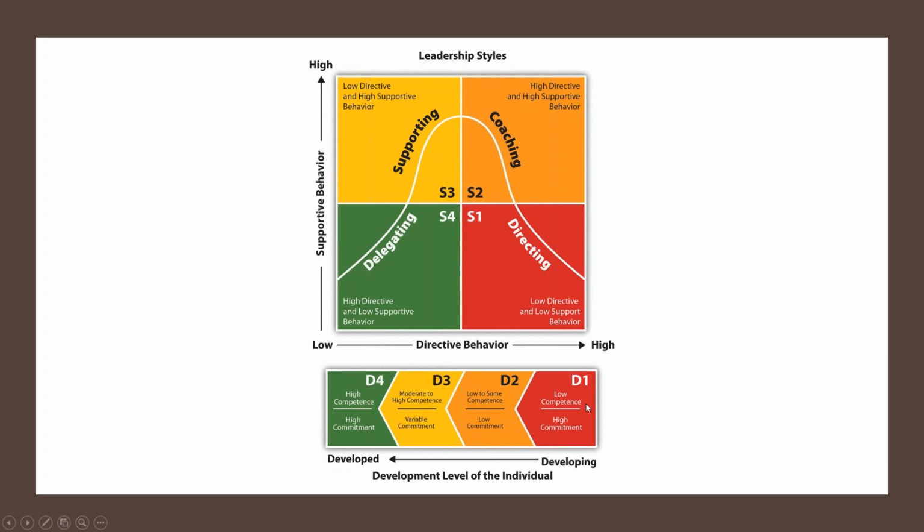Now, if we go to the other end, this is D1. D1 is low competence and high commitment. So, sorry, that's not an extreme, that's one example. That's where they've got low competence and high commitment. The typical example there would be a young team who are enthusiastic about what they're doing.